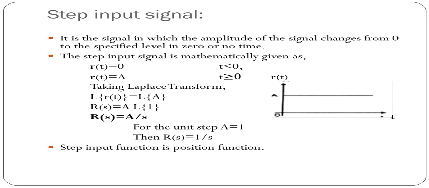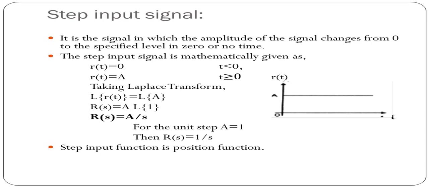So here the value is A. You can see in the diagram the signal amplitude has changed from 0 to A suddenly at 0 time or at no time. So this type of signal is known as step input signal.